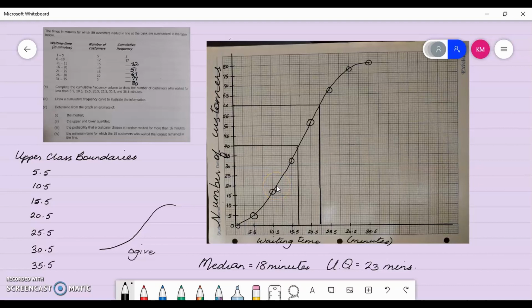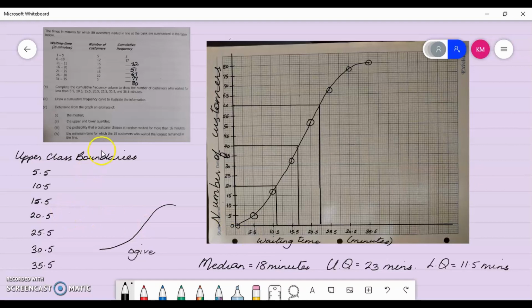And at that point where it meets the curve, I'm going to draw a vertical line for it to meet your x-axis. So now at that point there, you have your lower quartile, and it is about 11.5. So I'm writing underneath here, your lower quartile is 11.5 minutes.